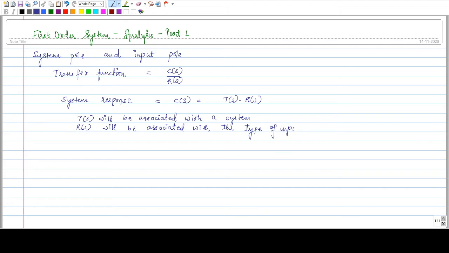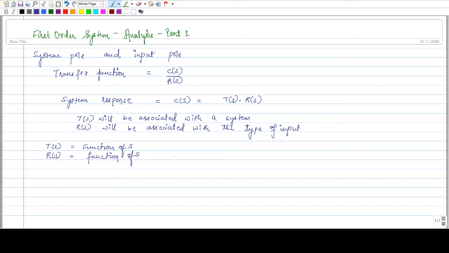Now, both of these, T of S as well as R of S, will be represented by an S polynomial, numerator by denominator. So T of S is also a function of S, given by a certain S polynomial. Even R of S is a function of S.